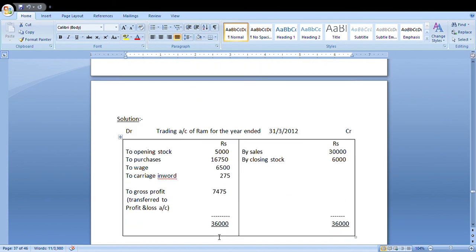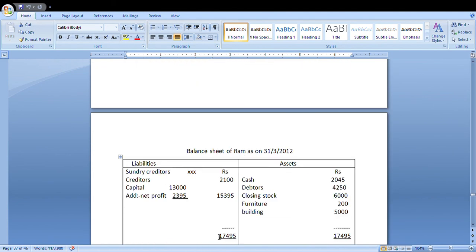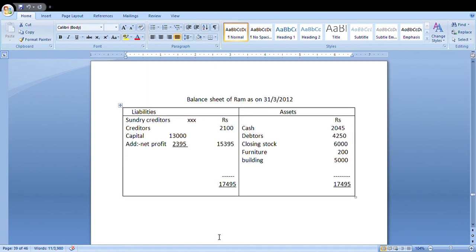Finally, you calculate the total assets and total liabilities. Total liabilities and total assets are each 17,495.